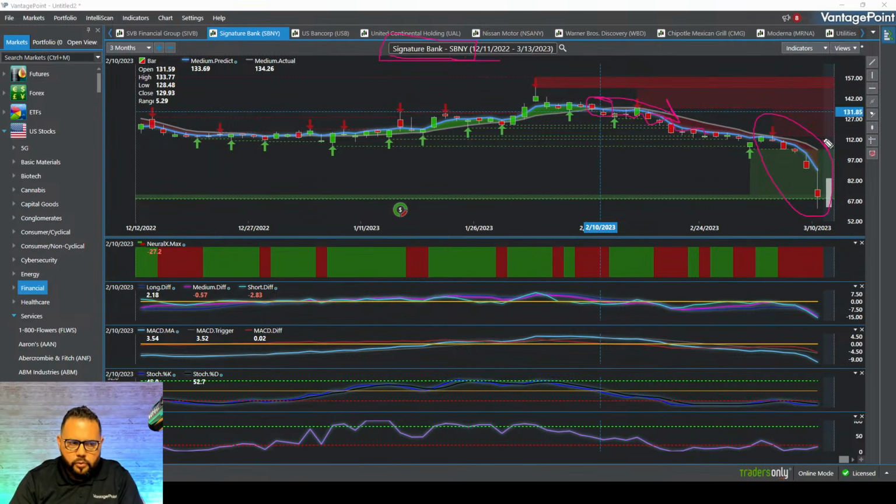So, Bill, I wish this was something we had talked about sooner, because call options in the last month on SBNY, you can see from the artificial intelligence forecast, because that cloud between that blue and gray line has been red the entire time, probably would not have happened. You can tell me in the chat box if that's the case.